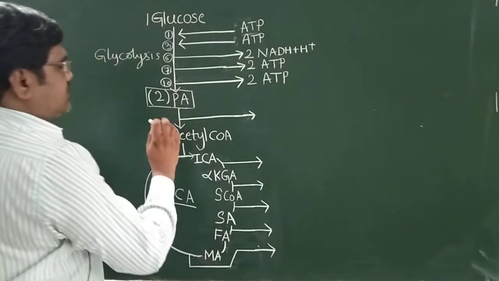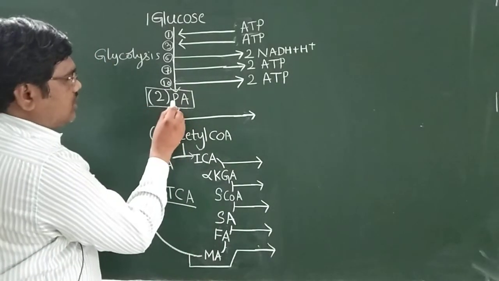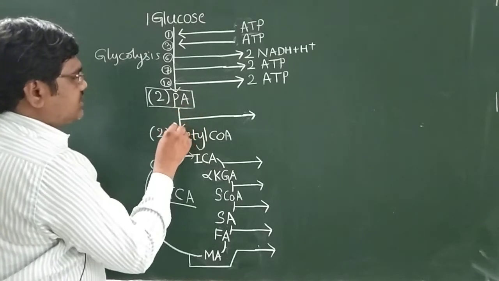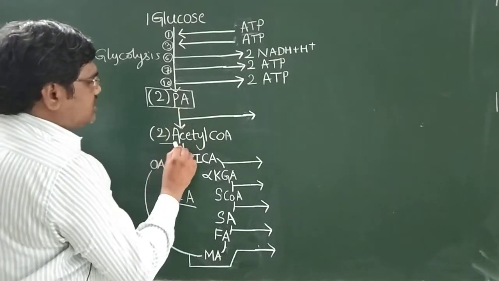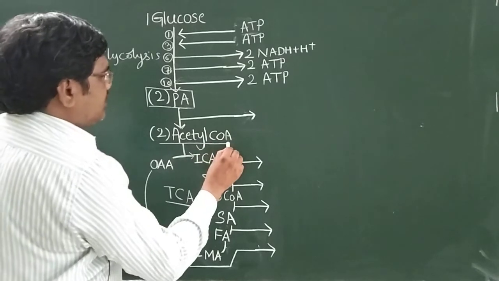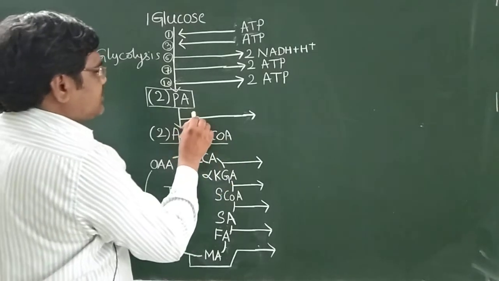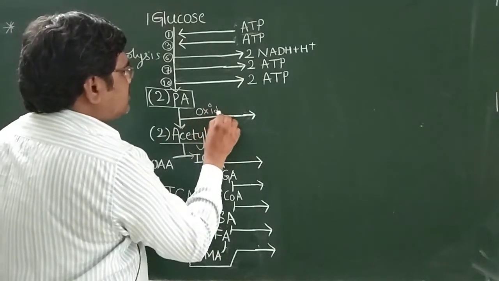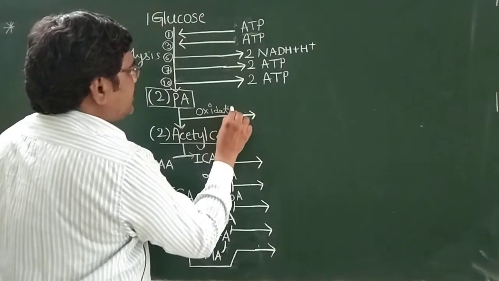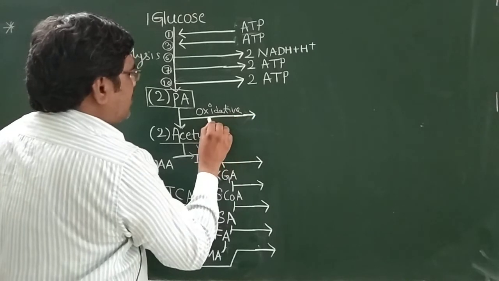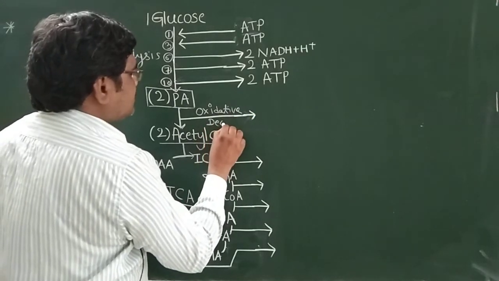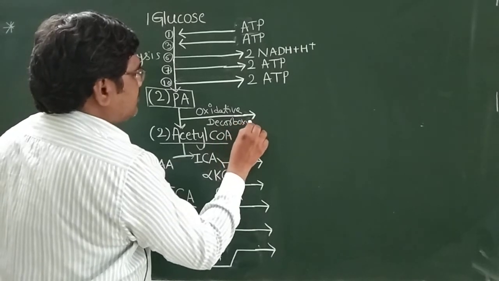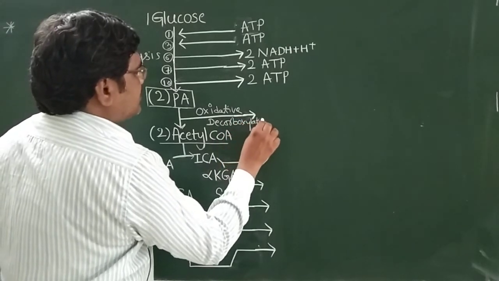Next, two molecules of pyruvic acid are converted into two molecules of acetyl CoA. This reaction is called oxidative decarboxylation.